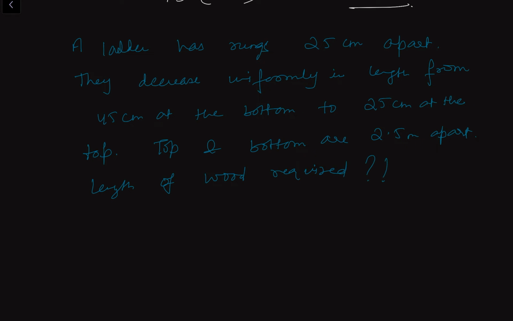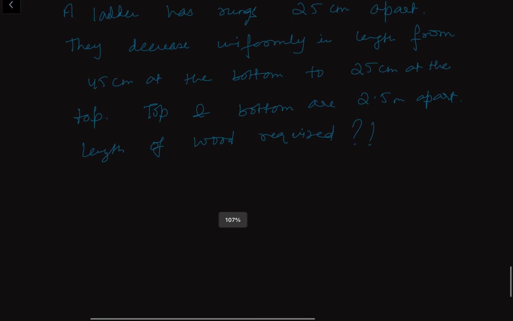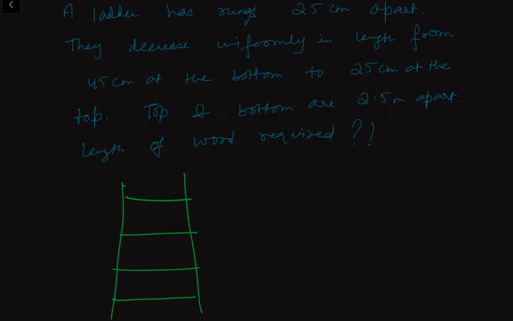Now first we will try to visualize our problem. Okay, so a ladder has rungs 25 centimeter apart. Okay, so rungs are the stairs kind of the ladder, and these are 25 centimeter apart. Okay, so each one the gap is 25 centimeter.